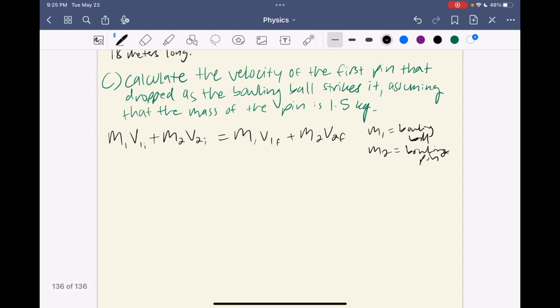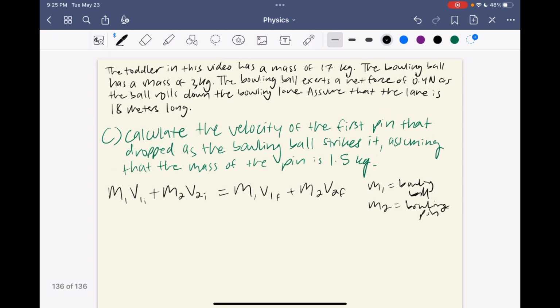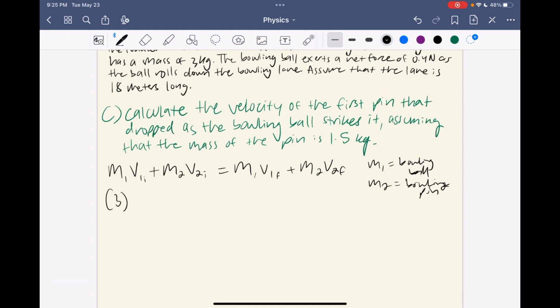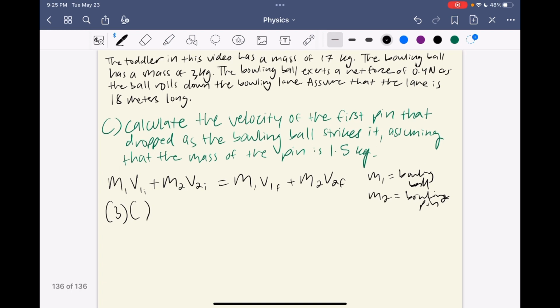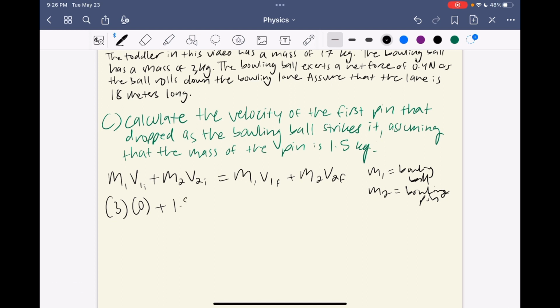So the mass of the bowling ball is 3. The bowling ball starts from rest, so 0. And then the mass of the bowling pin is 1.5, and also the bowling pin starts from rest, so 0.